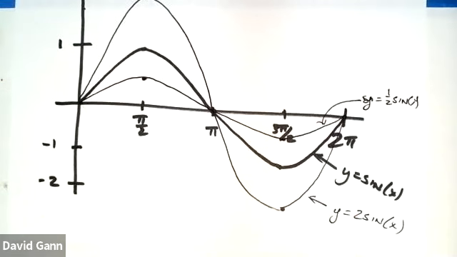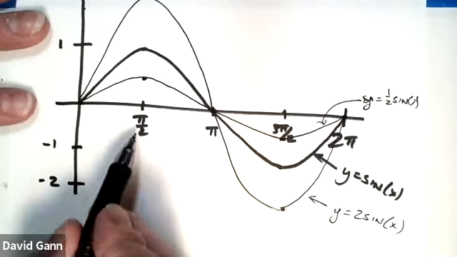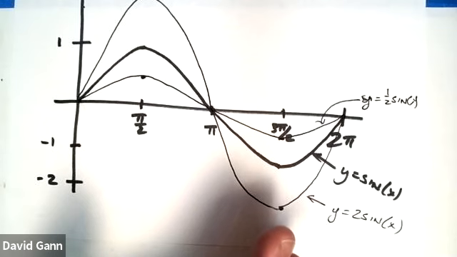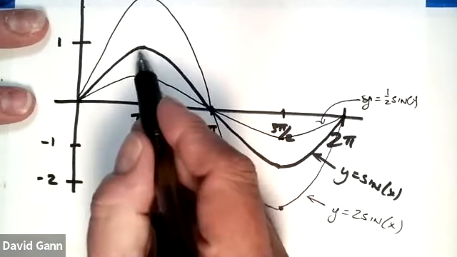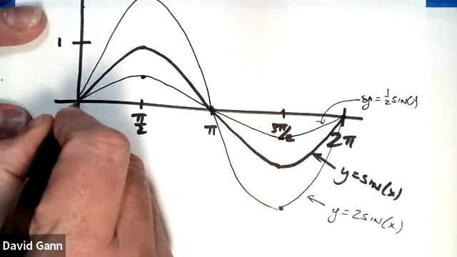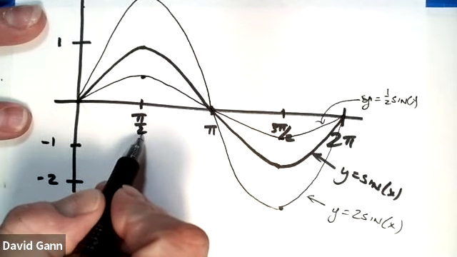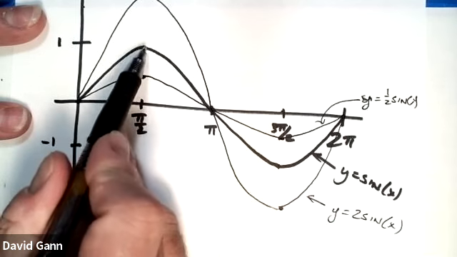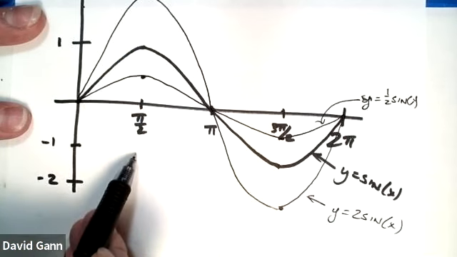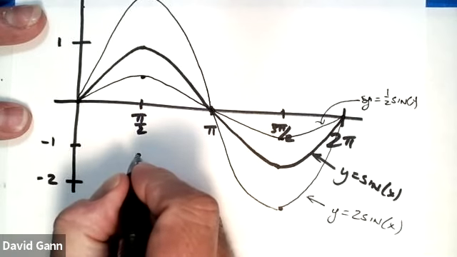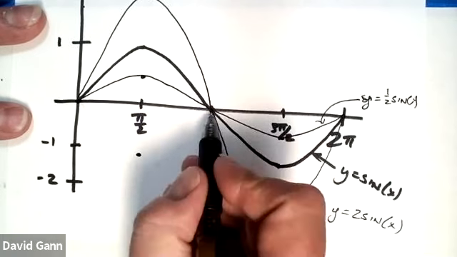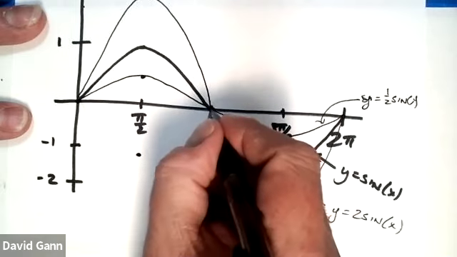Now, what happens if we have a negative? Well, if it's negative, let's just look at maybe say y equals negative sine of x. That's a flip, and we can see what happens there. So at 0, it's 0. At pi over 2, sine of pi over 2 is 1, so negative 1 times 1 is negative 1. At pi, we're back to 0.